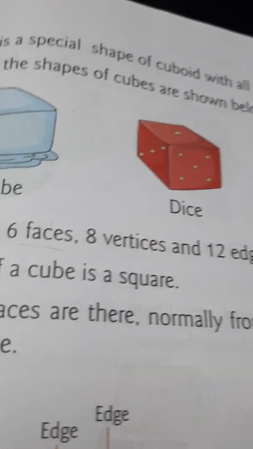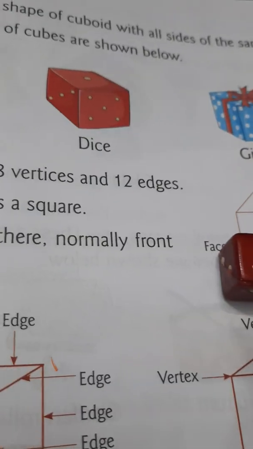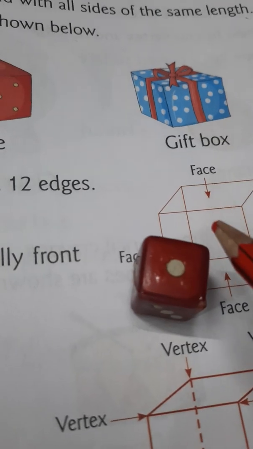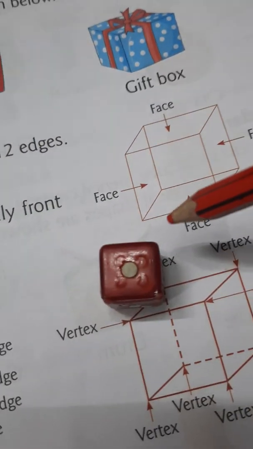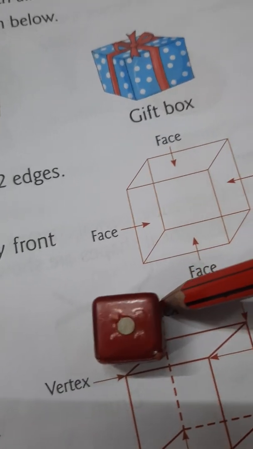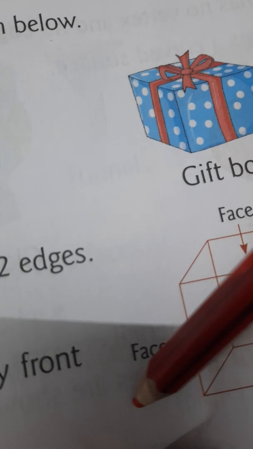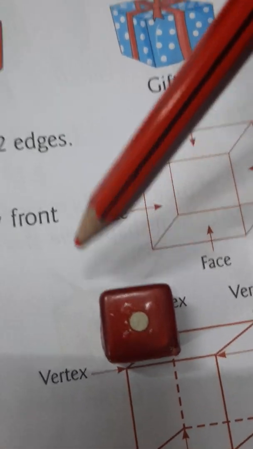Now the next property is 8 vertices. See, again 1, 2, 3, 4, 5, over here it will become 6, then 7, and it will become 8 over here, right? And now we will learn about edges.